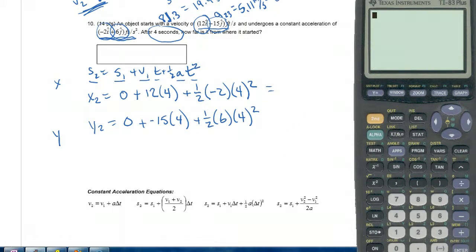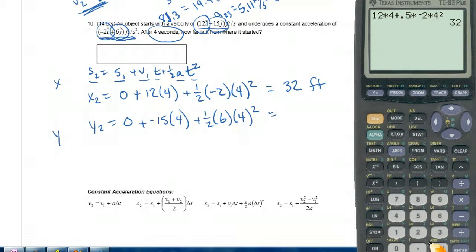Alright, let's calculate our x: 12 times 4 plus 0.5 times minus 2 times 4 squared. Double check our numbers. Okay, it looks like 32. It's going to be units of feet.